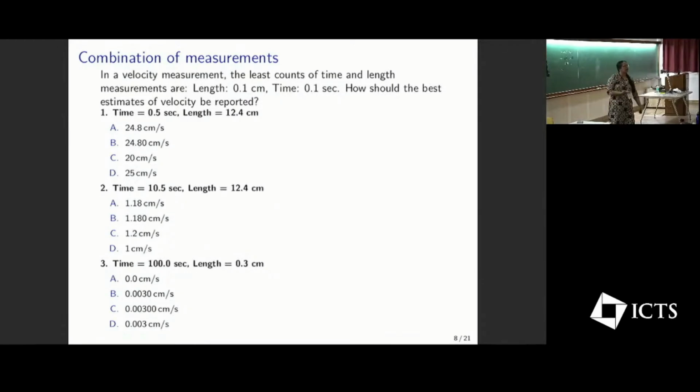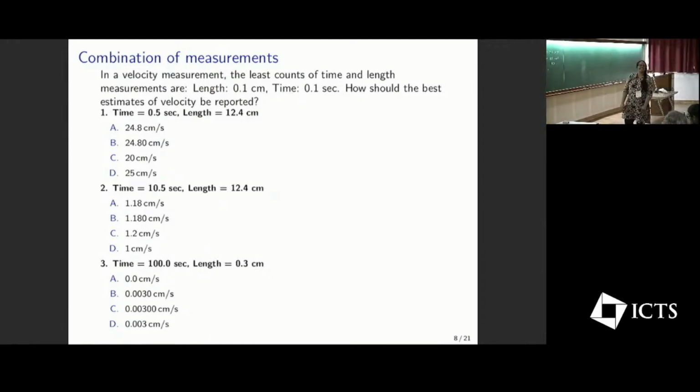I don't think anyone has proved it, but it reflects the precision of the measurement. When you report the measurement, it should reflect the number of significant figures in the number which has the smallest number of significant figures. So all of you are familiar with significant figures, right?